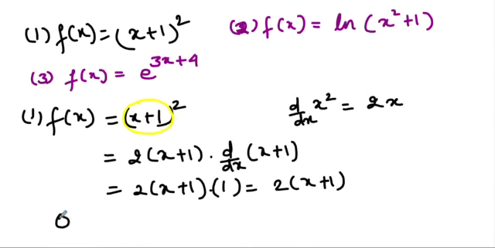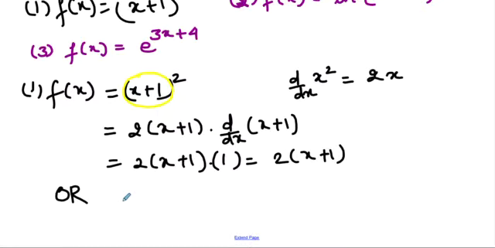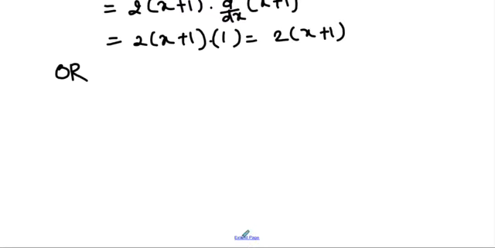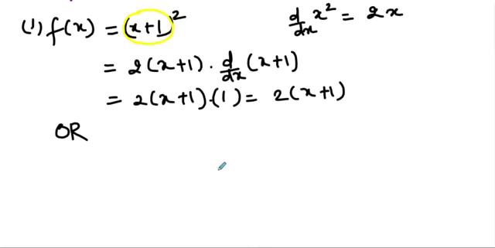We can also understand the same concept of the chain rule using one more logic. Let's say, for example, I want to solve the same question. The function is given as x plus 1 whole square, and let us assume this x plus 1 equals u.